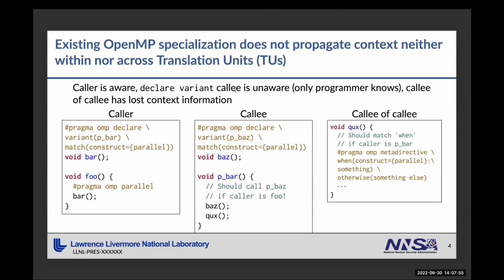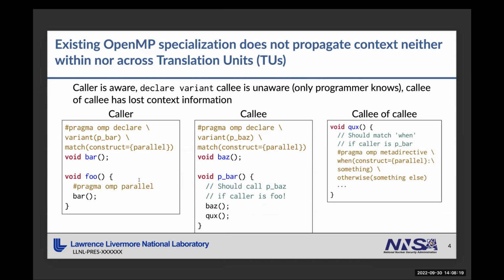You do a declare variant caller here, for example, between bar and foo. You have the caller aware that you have the parallel construct context. The callee, however, does not necessarily know that.